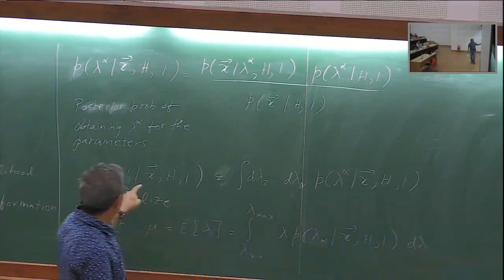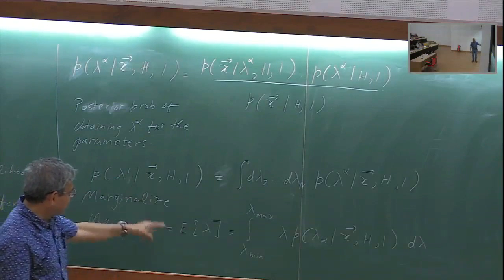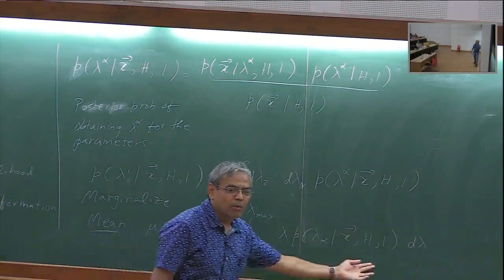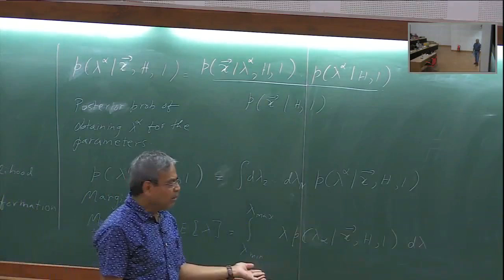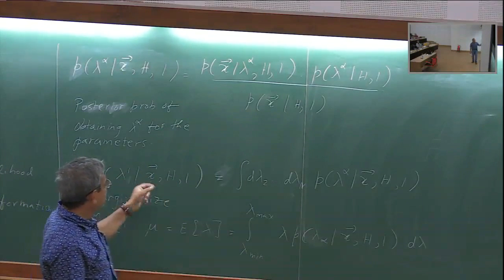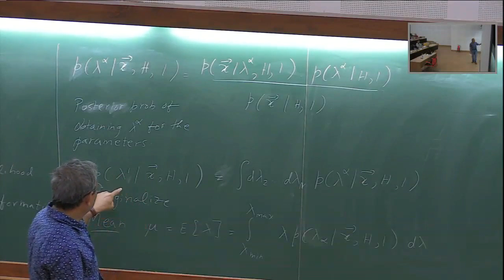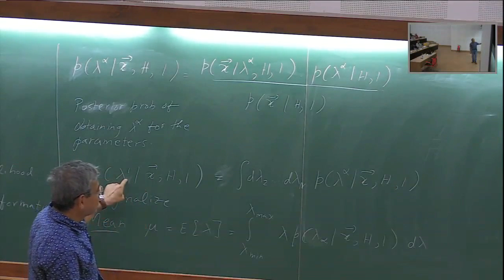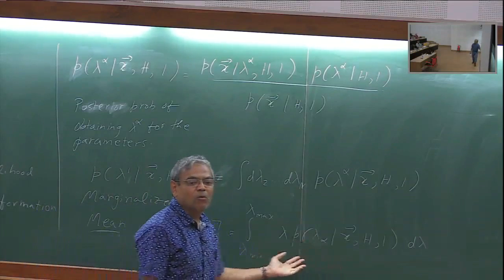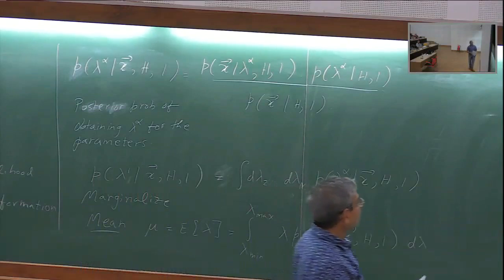Because what I've done is I've dropped this lambda 1 here in the next step, just to say that's for one parameter. If you want to compute it for a bunch of different parameters, just compute the probability distribution for that particular parameter, and then you can work out what the mean is, and that's what we do.